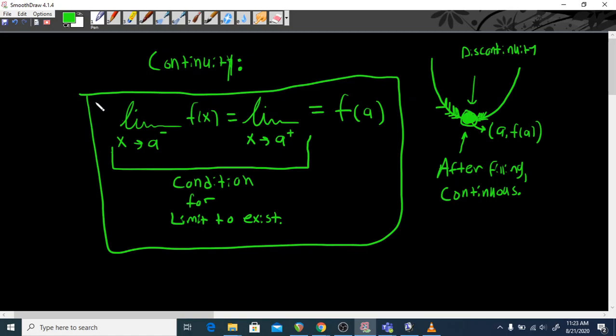Okay, now this is a little more useful than you might think, because let's turn this thing around a little bit. If you know the function is continuous, I'm going to write this down, this is important. So here we go.